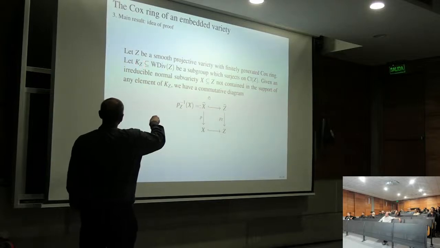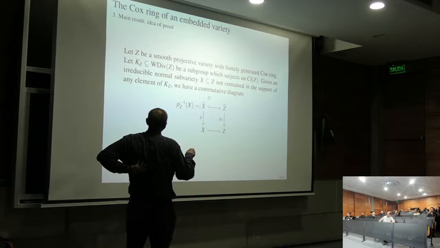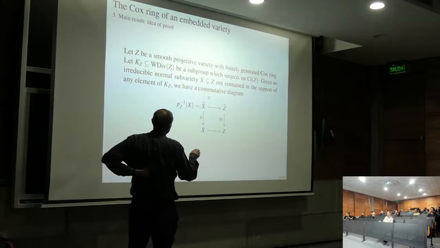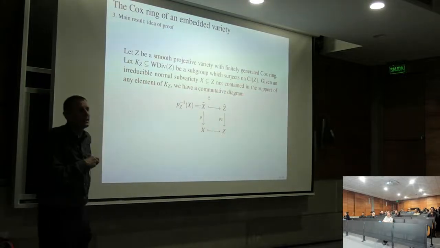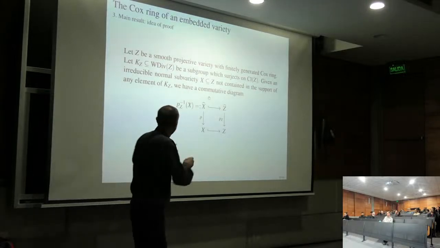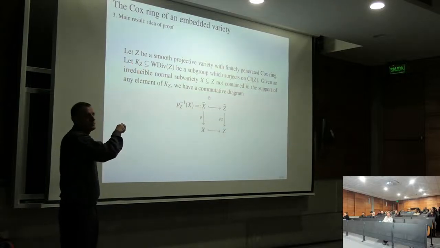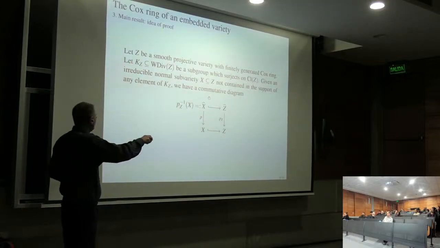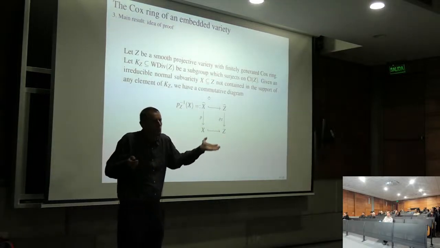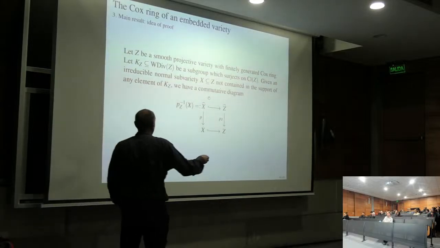This I'm calling K of Z. And I'm assuming the subvariety X of Z not to be contained in the support of any element of K of Z. If you want to take the toric example, you take Z to be toric, then this is a group generated by prime invariant divisors, and you just have to ask that X is intersecting the big torus. That's enough.